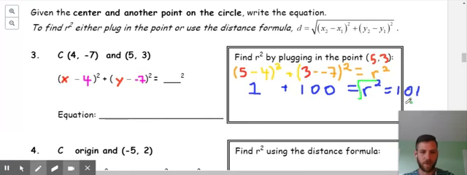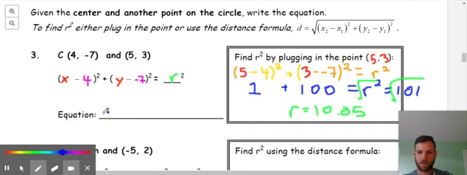The square root of r squared would be r, and the square root of 101 would be approximately equal to 10.05. So r equals 10.05. And most of the time, you're not even going to bother to find what r is. You really only need to know what r squared is.